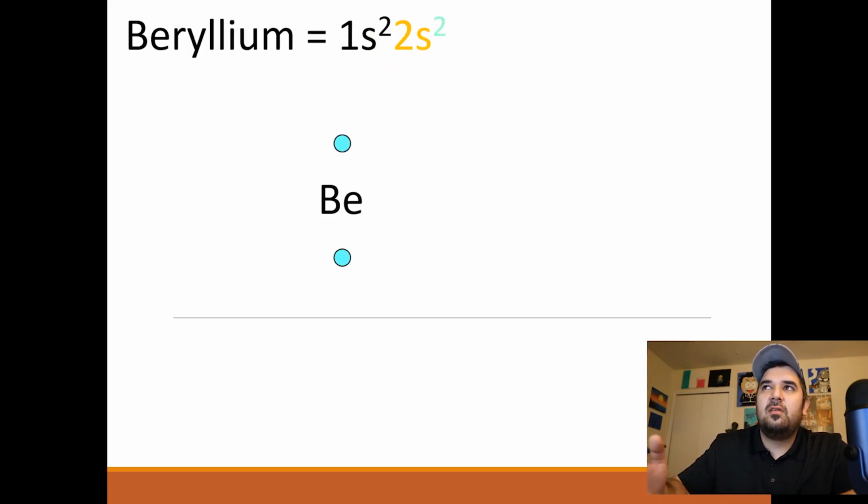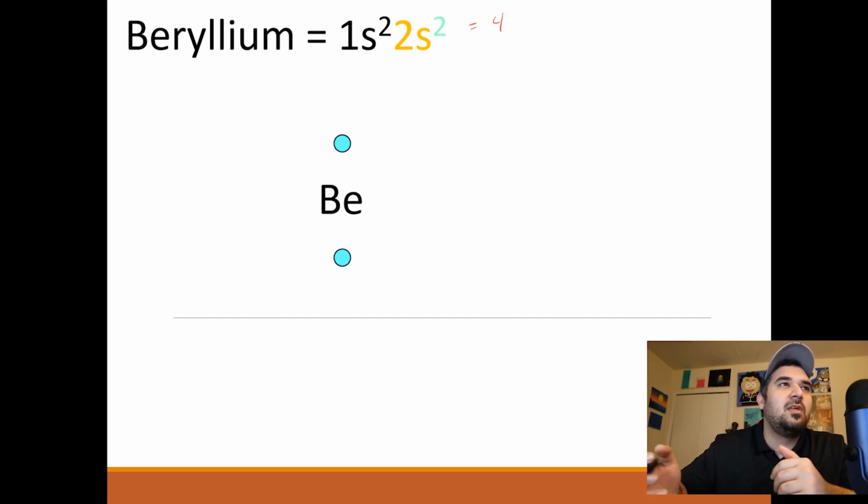Beryllium, 1s2, 2s2. Basically you're just counting up your electrons, 4 electrons, and that means 4 protons, which means it's beryllium. This only works for full configuration.